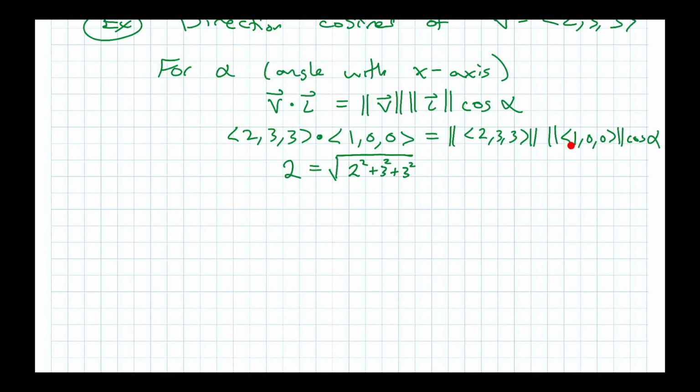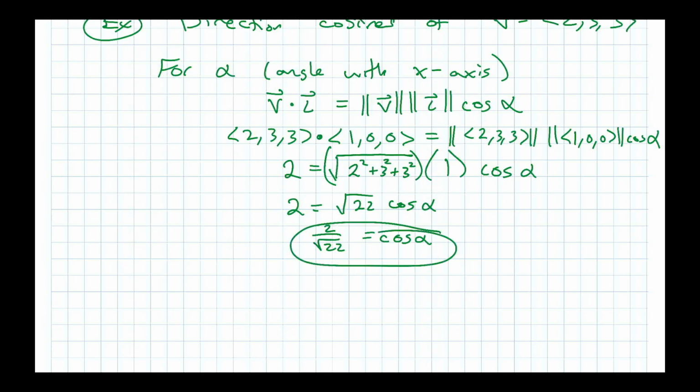So the length of (1, 0, 0) is simply 1. So you have 2 equals the square root of 4 plus 9 plus 9. 9 and 9 is 18, 18 and 4 is 22, so it's just the square root of 22, times 1, times cosine alpha. So cosine alpha is 2 over the square root of 22.